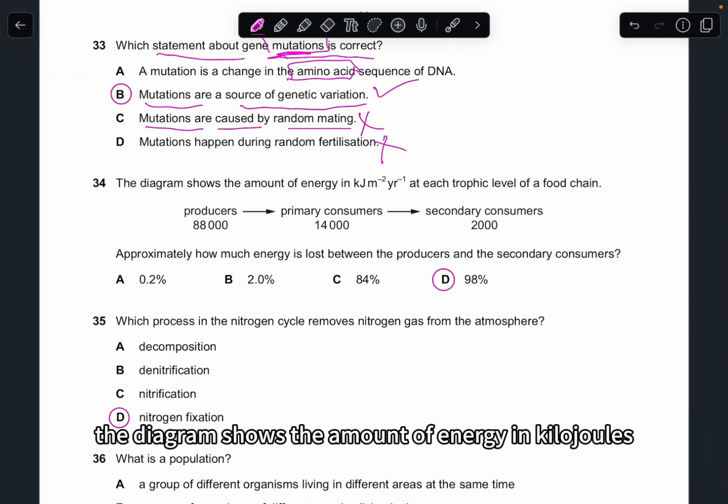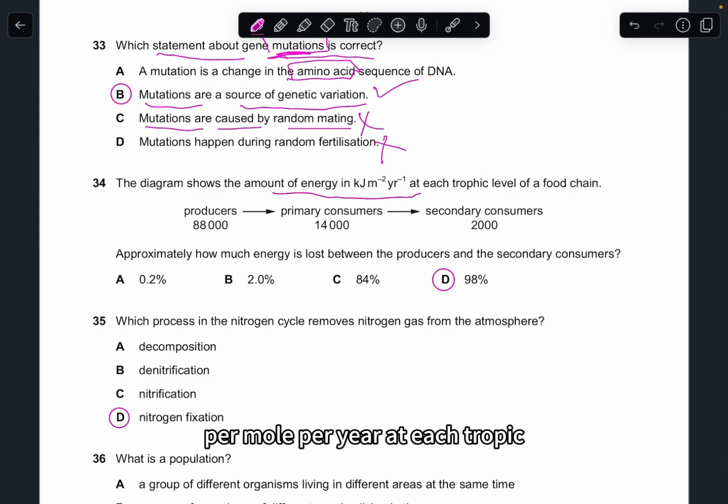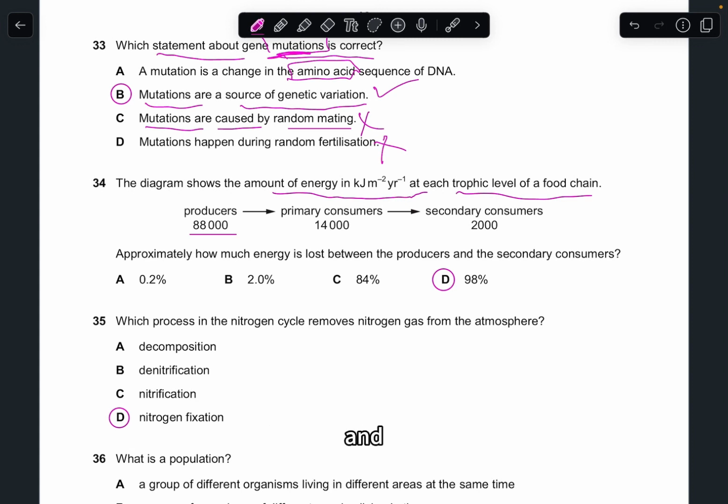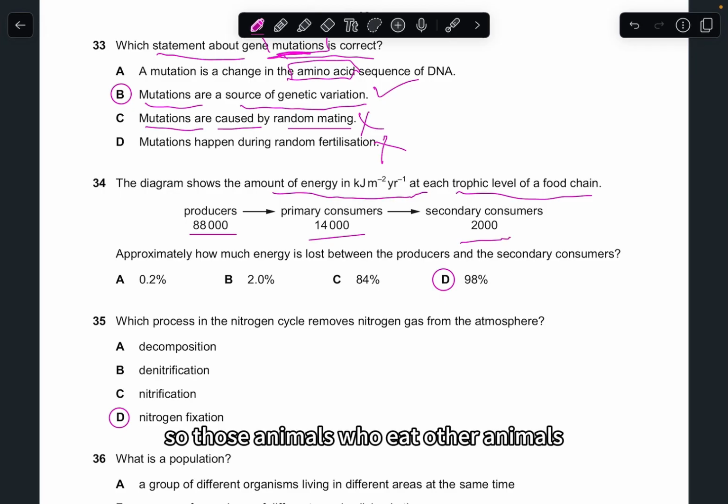The diagram shows the amount of energy in kilojoules per mole per year at each trophic level of a food chain. So the producers have 88,000, and the producers are actually plants, and consumers are those animals who eat the plants, and we have tertiary consumers, those animals who eat the other animals.